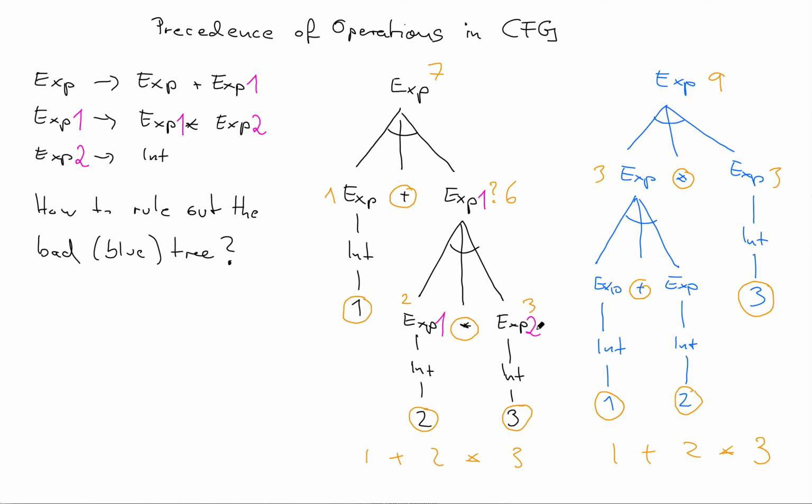But what happens to the blue tree? In order to derive the blue tree, I first need to go from x to x1. And actually, this is something I should add to the grammar. So I also should add these rules to the grammar.